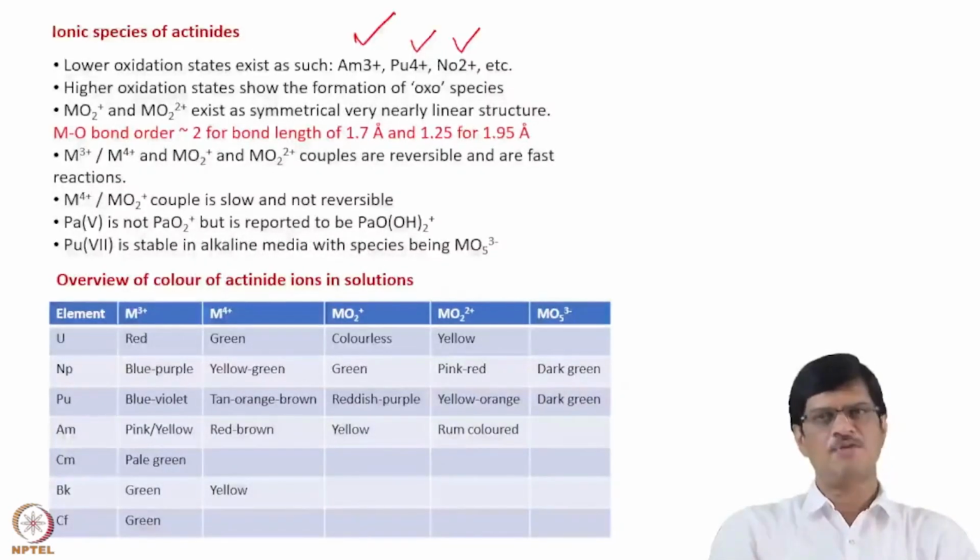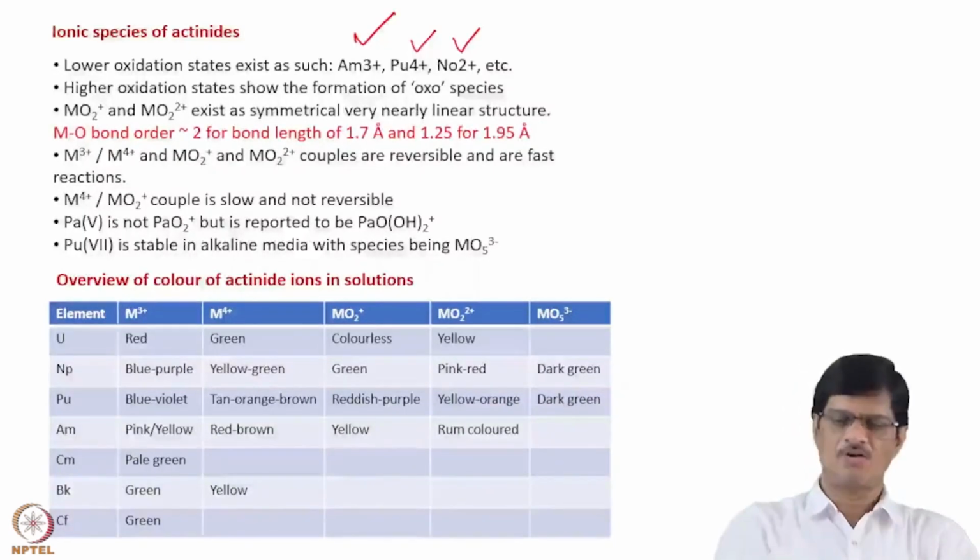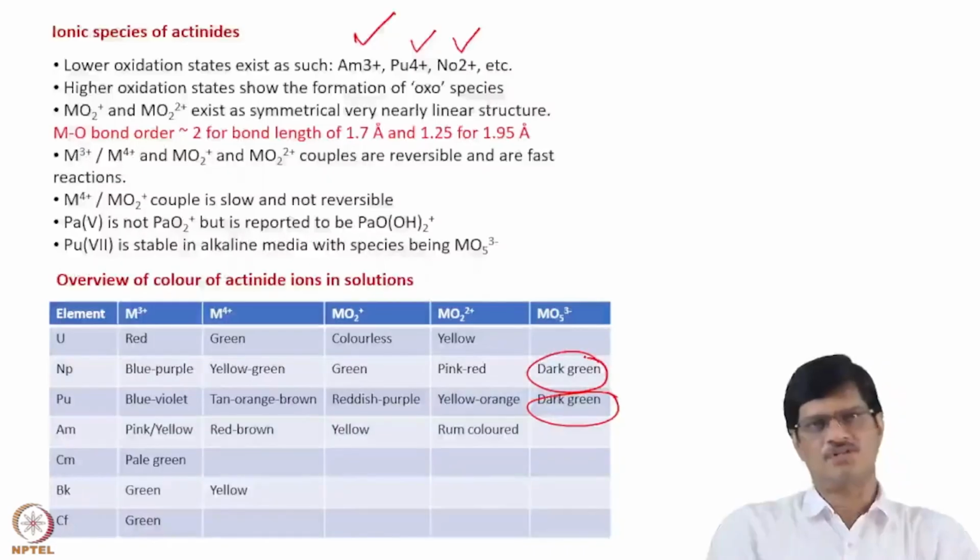Same also for plutonium in the +7 oxidation state, where we get the anionic species PuO5 3-, and also a dark green color similar to the neptunium +7 oxidation state.